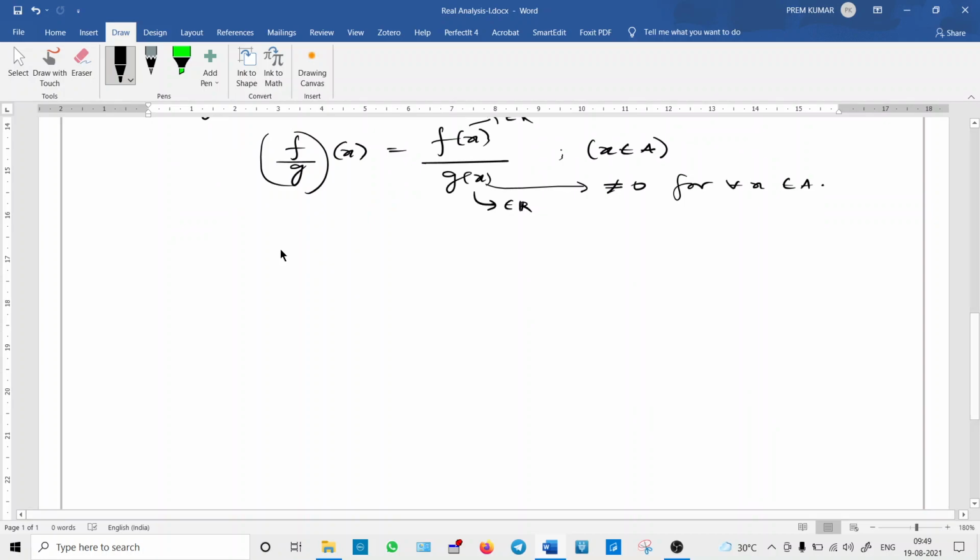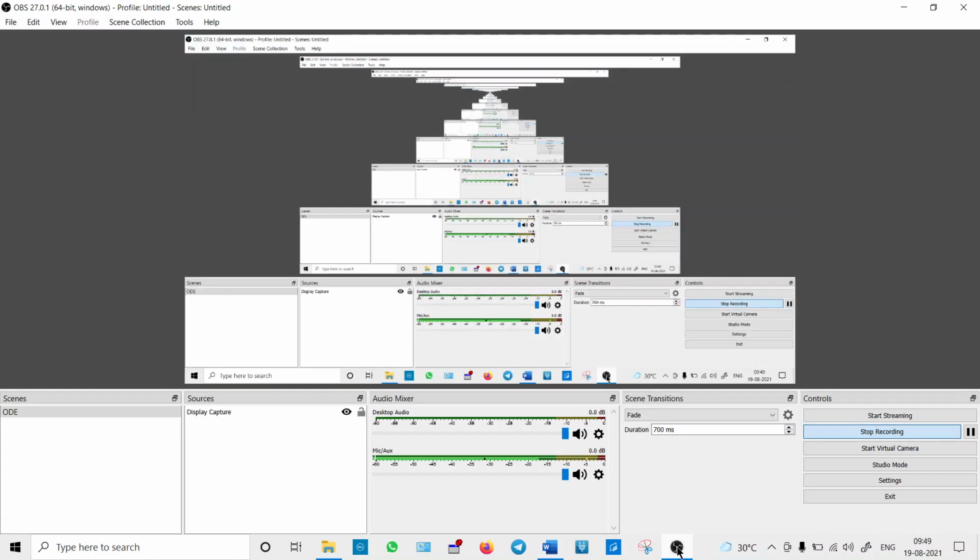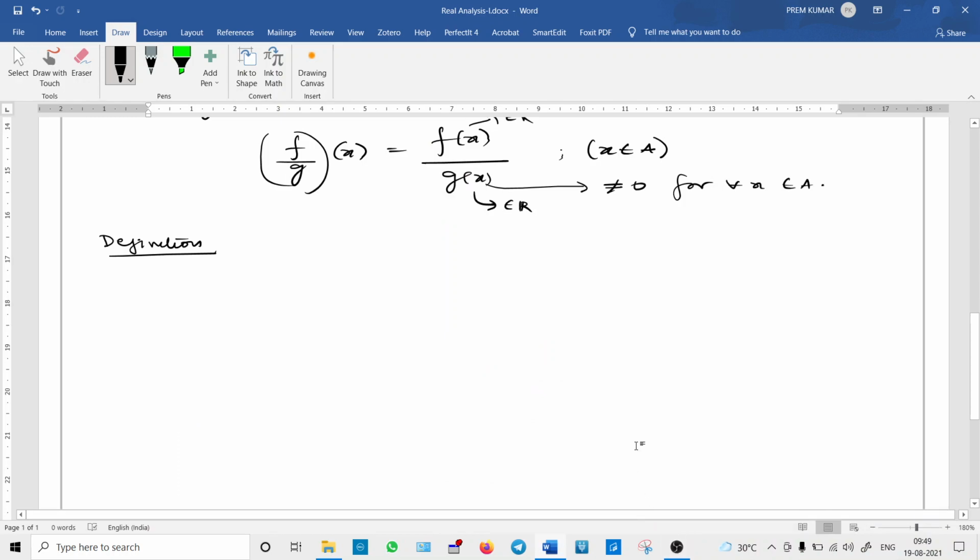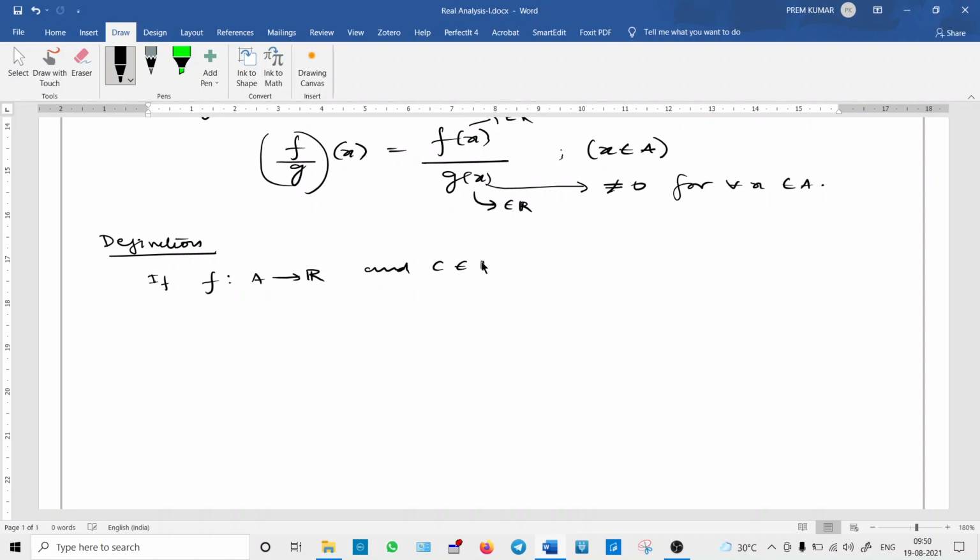Next, another definition. Now, suppose a function is a real valued function, and suppose c is a real number, then we are going to define the function c times f.